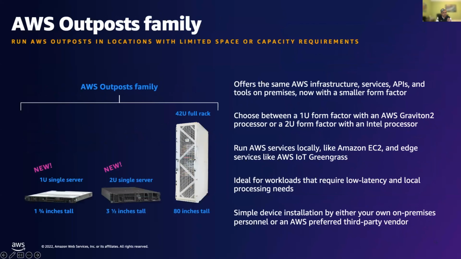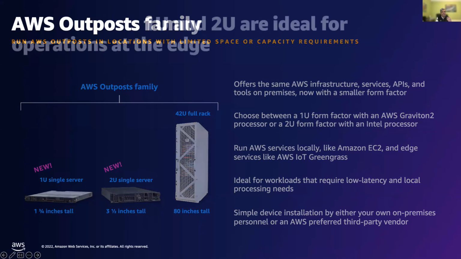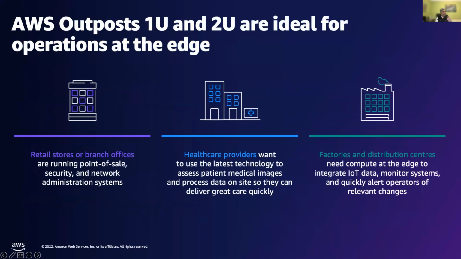So again, there are basically three form factors. One is a single server, another slightly bigger one, and finally you have a full rack, a 42-inch rack, where you can really run services. For example, you can run things at your retail stores, right?